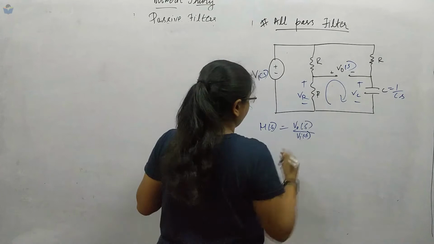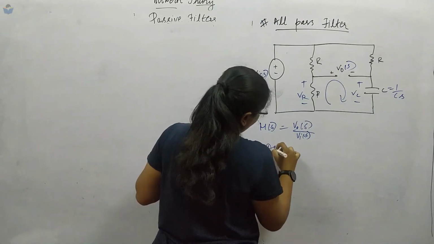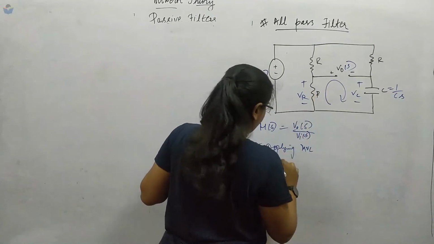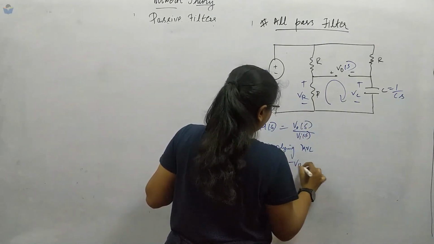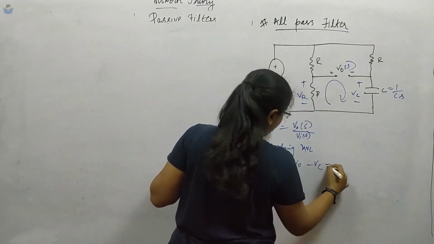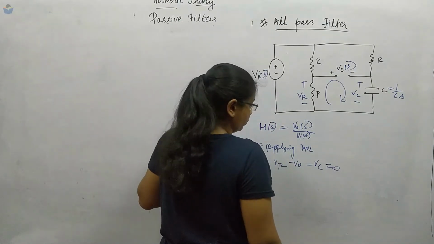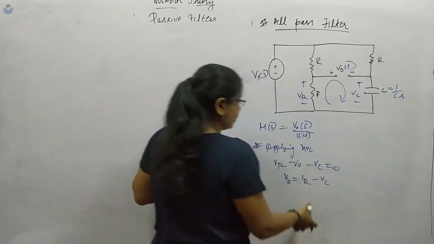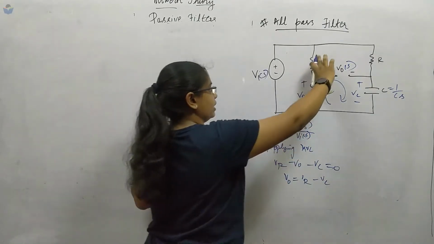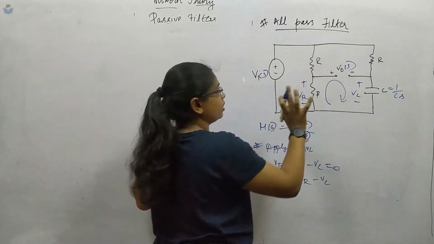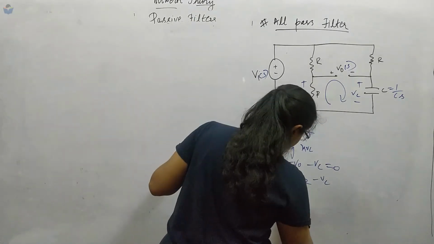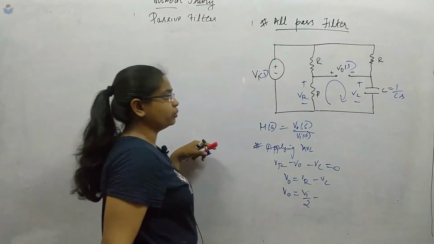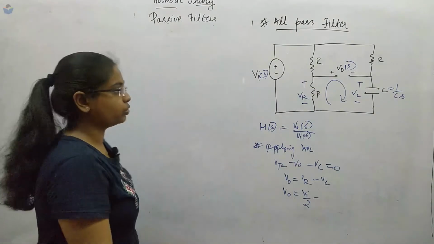So if you apply KVL, you will get plus VR minus V0 minus VC equal to 0. If I take V0 to the other side, it is VR minus VC. Now VR, I can directly tell that since it has the same value, it is Vi by 2. Now to find this VC value, I can apply the voltage division rule.